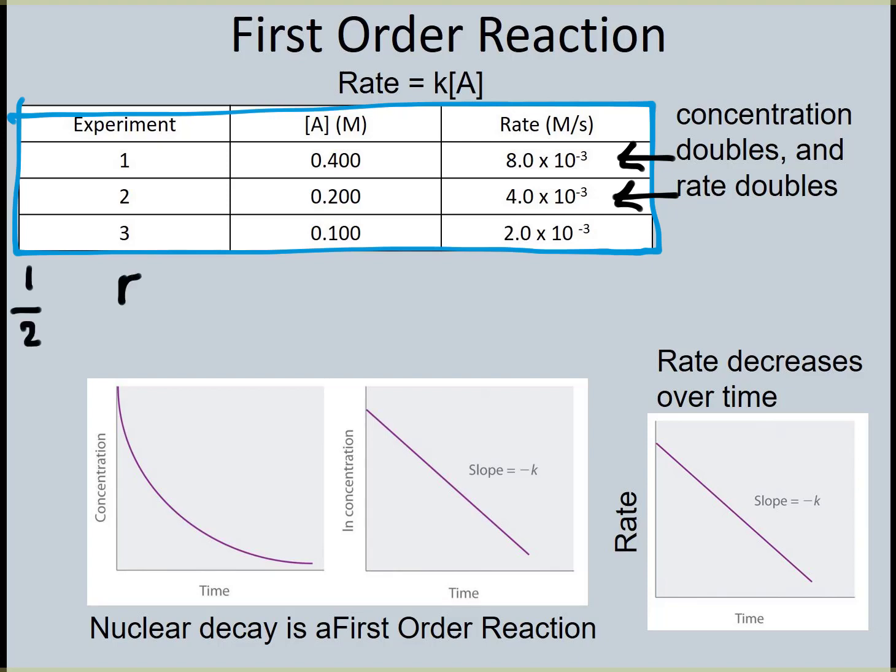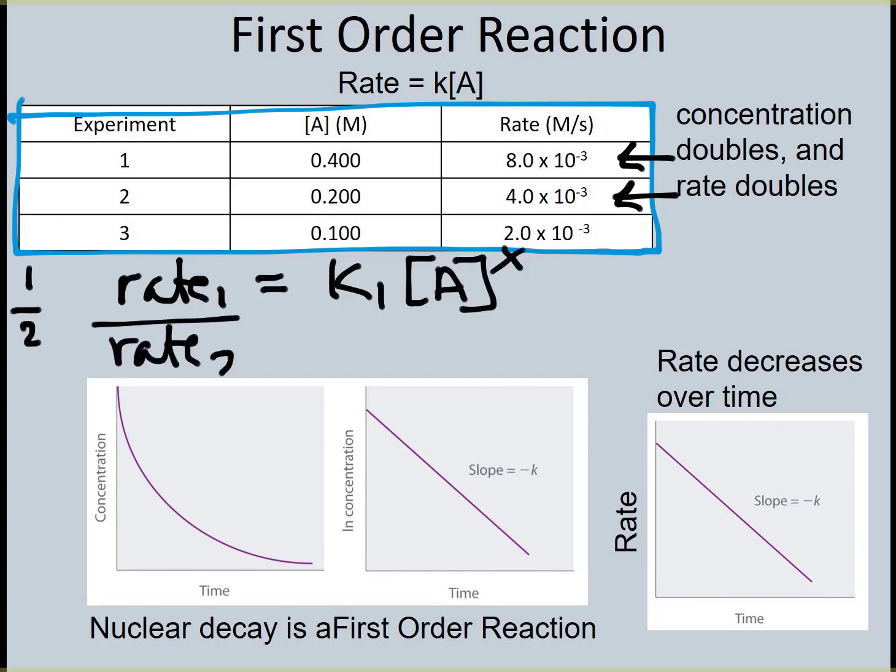So I'm going to end up with rate of the first one equals the rate law constant times A to the x, and then I'm going to divide it by the rate of the second one. So those are all set up. Now I just plug in what I know.